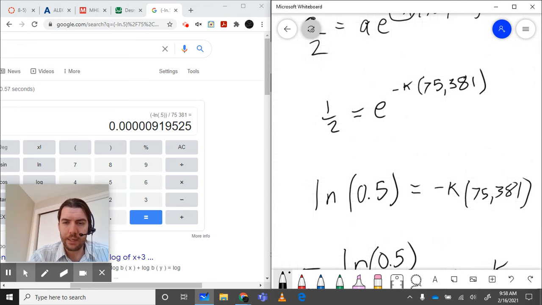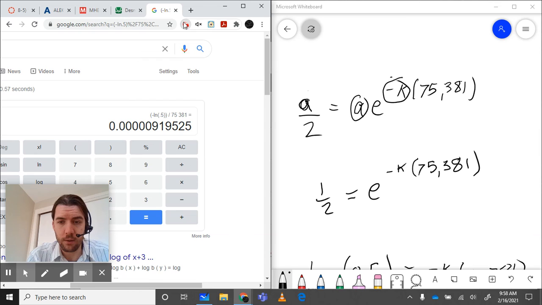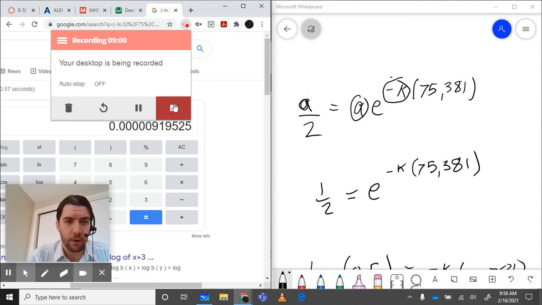What would be the more likely operation is that you wouldn't know this time, and that's what you'd be solving for. You would know the initial amount, you'd know the final amount, and you would know the rate, which had already been discovered by somebody else, and you would use those values in order to solve for the time. So that's the process of radiocarbon dating. Okay, so that is the process we'd go through on example number 2.